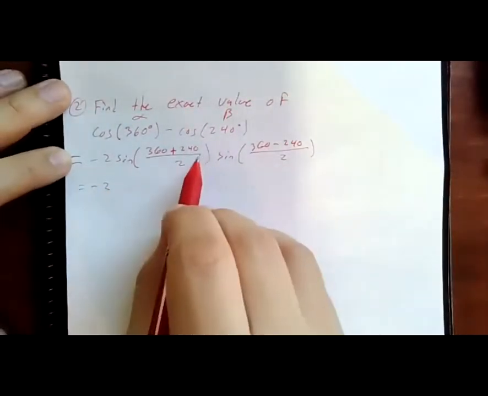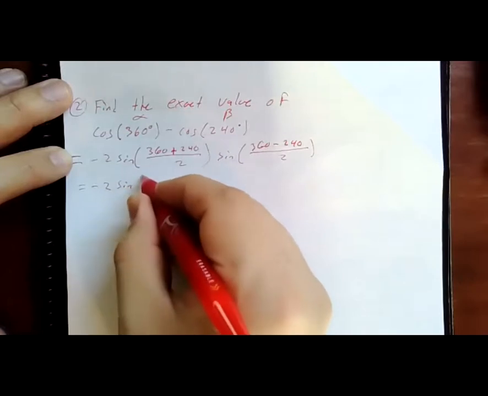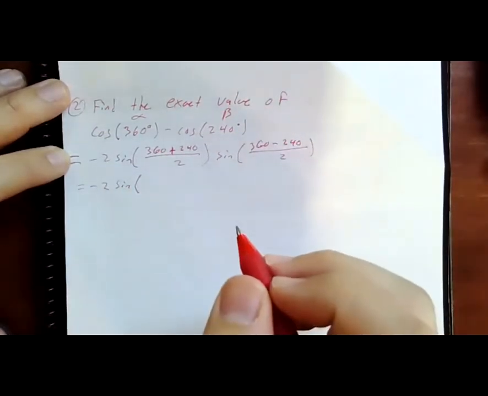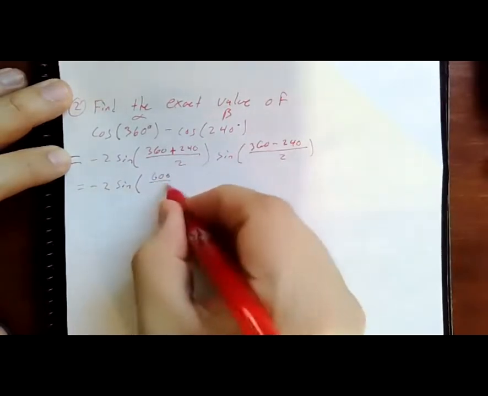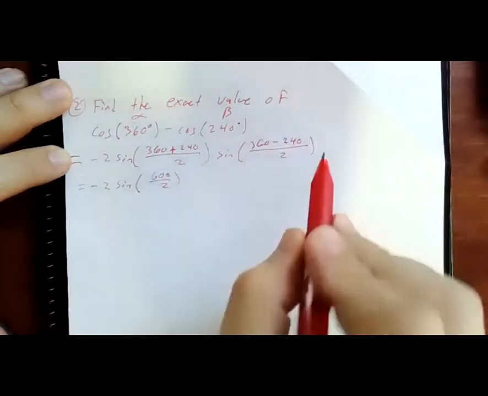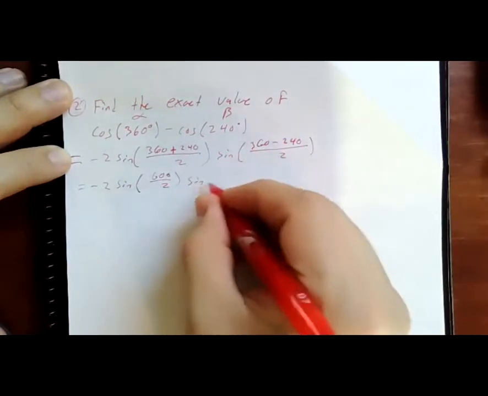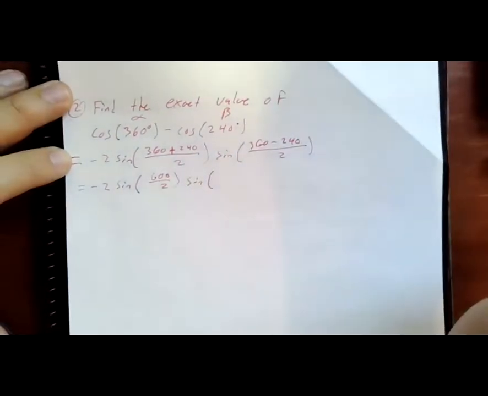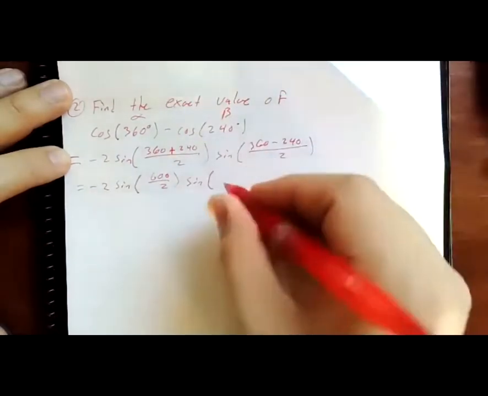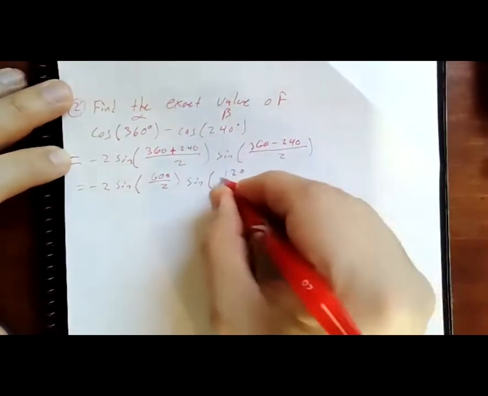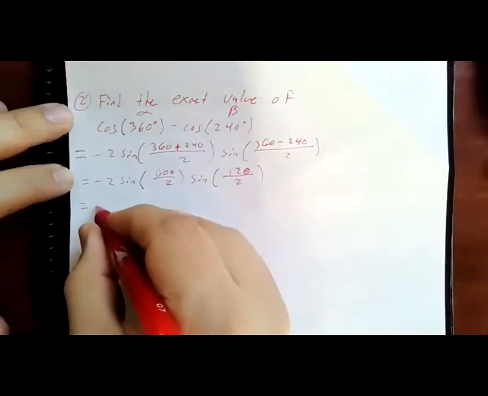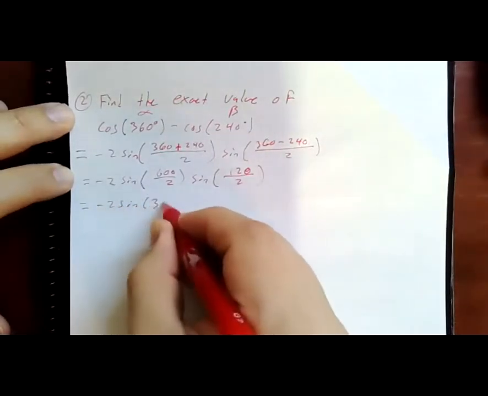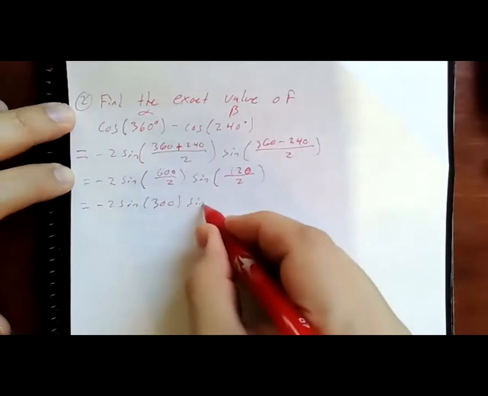So 360 plus 240, what is that going to be? 600. So that'd be 600 over 2 times 360 minus 240 over 2. That will be what? 120, is that right? So at that point, we get -2 sine of 300 times sine of 60.